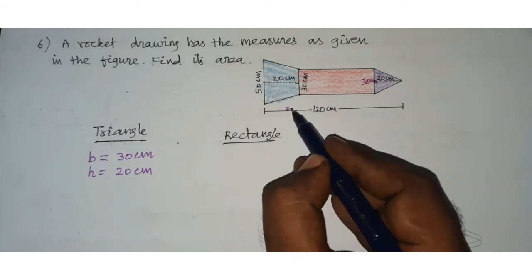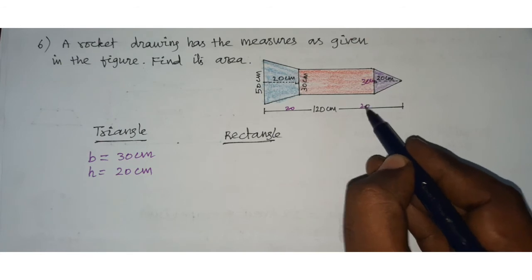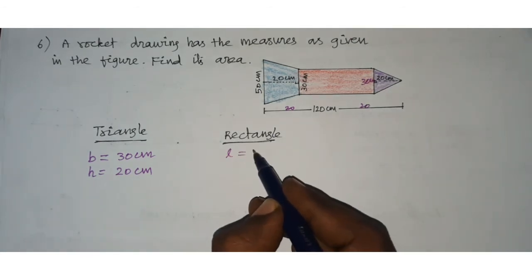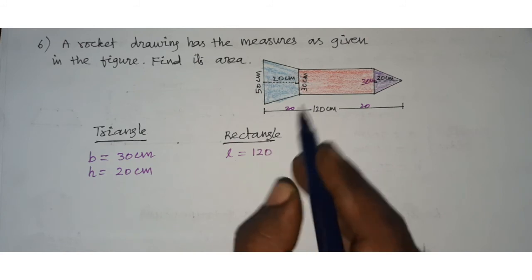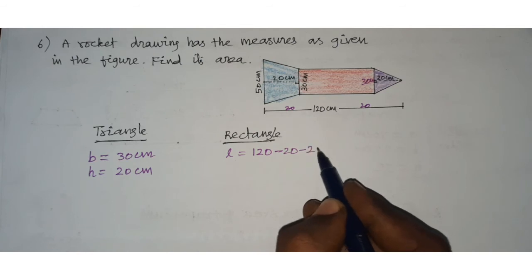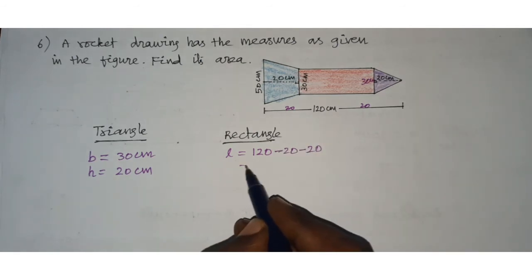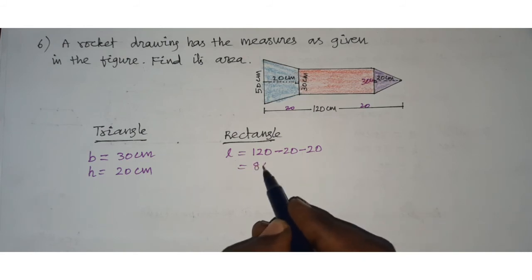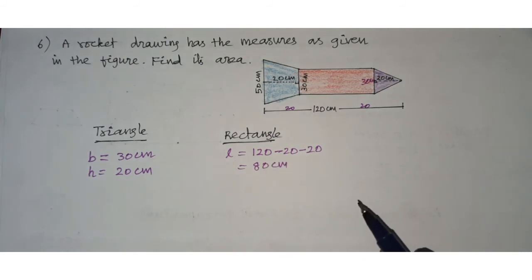Here 20 and here 20 we have to exclude. Therefore, length of the rectangle equal to, from the total 120, we have to cut the trapezium portion and triangle portion length. Therefore, 120 minus 20, 100, 100 minus 20, 80 centimeter.